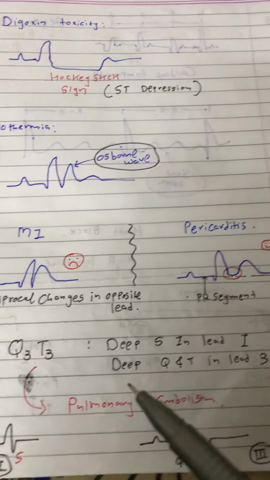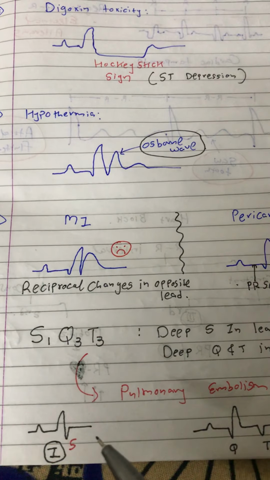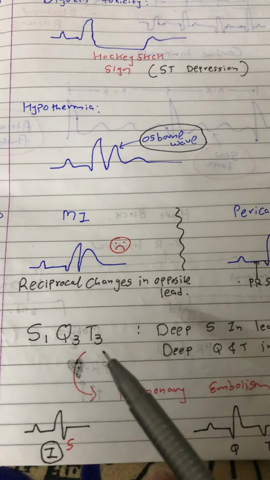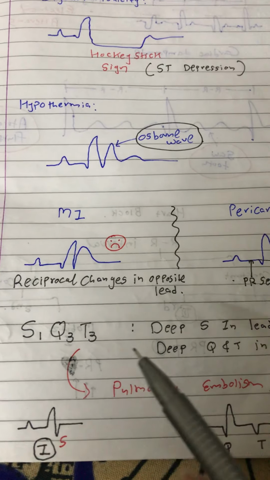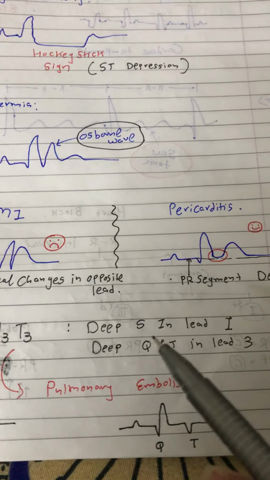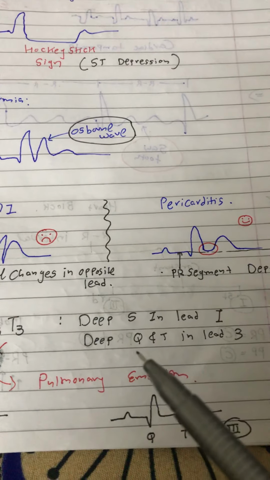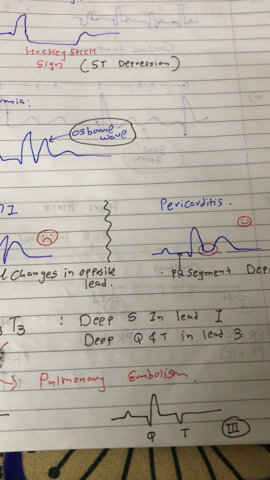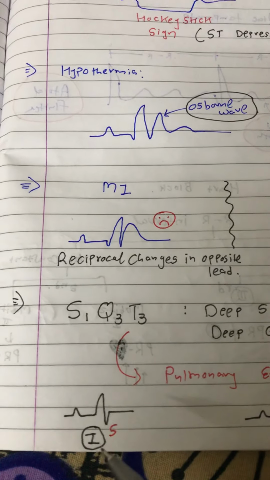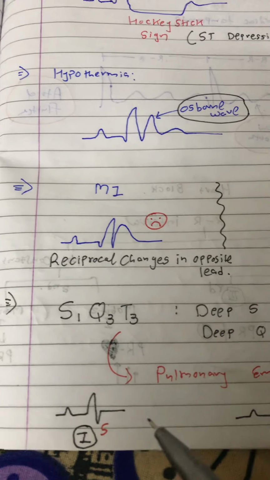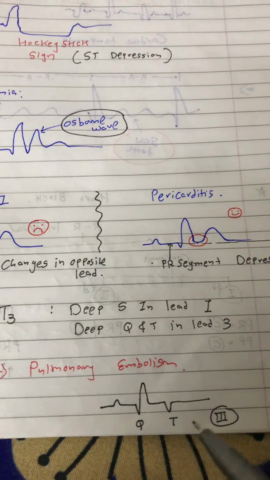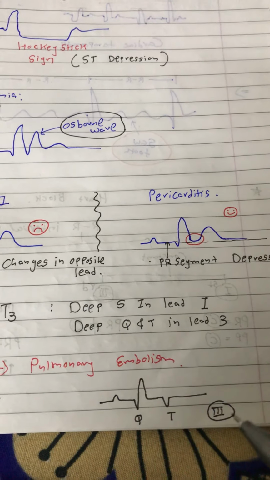Okay, in pulmonary embolism the S1, Q3 and T3 finding is seen, which means there is a deep S in lead 1 and a deep Q and T wave in lead 3.